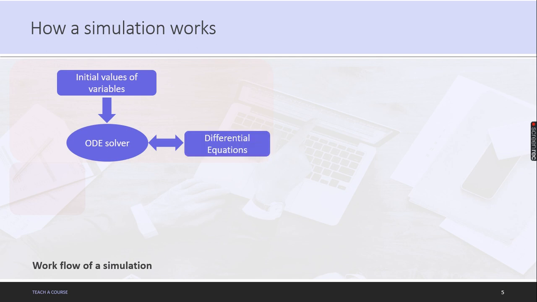This solver deals with sets of differential equations, and we have some unknown parameter values, but ideally for simulation the parameter values are known. So the differential equations with known parameters are input to the ODE solver. The ODE solver will start from time 0.